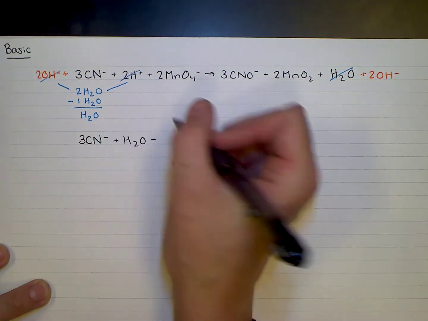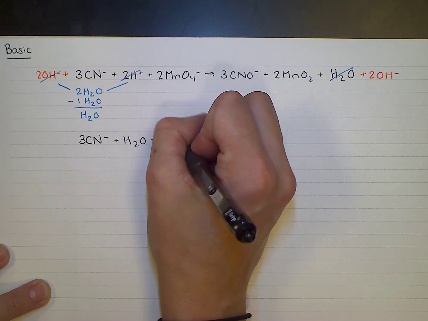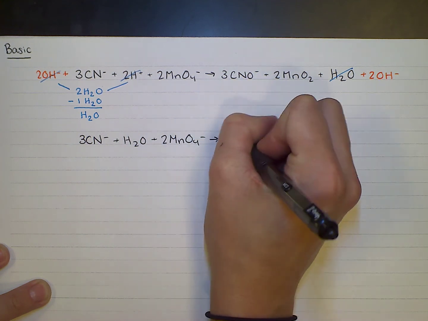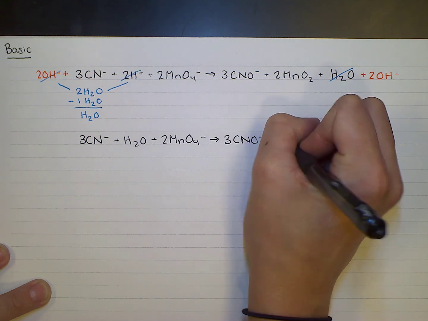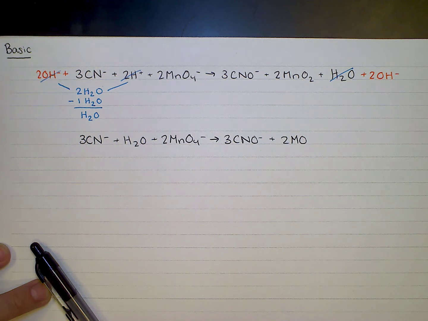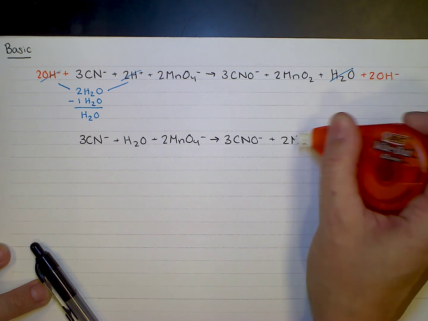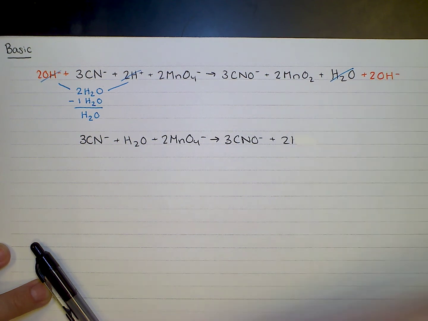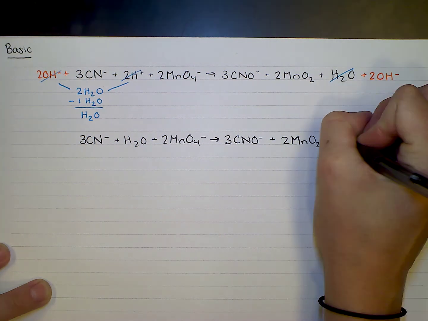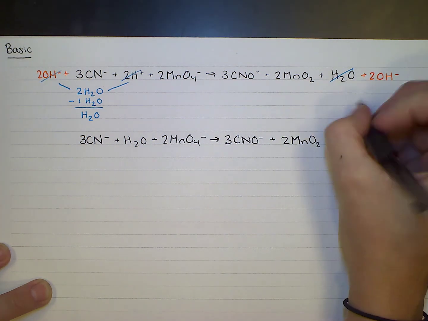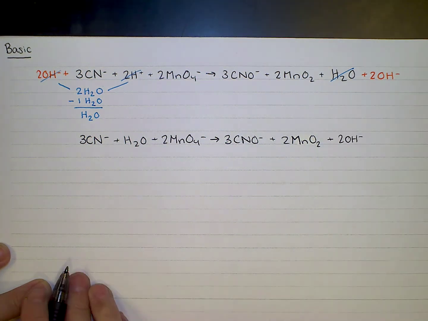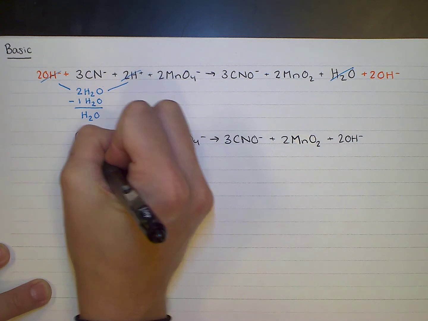So now we've got that left over, 2MnO4 minus, 3CNO minus, 2MnO2, and we have our two OH minuses hanging out on the end now. Okay, so that is going to be your final answer in a basic environment.